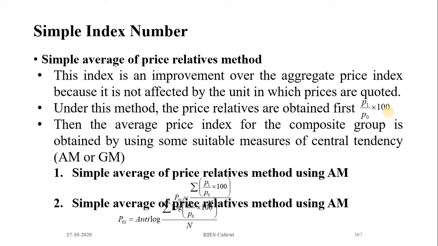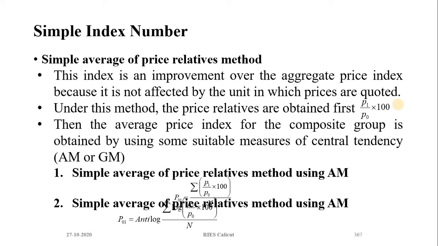Then after this you have to take the average of the price relatives, obtained by using any central tendency measure, AM or GM. First we find the price relatives, after that we find their average using AM or GM.